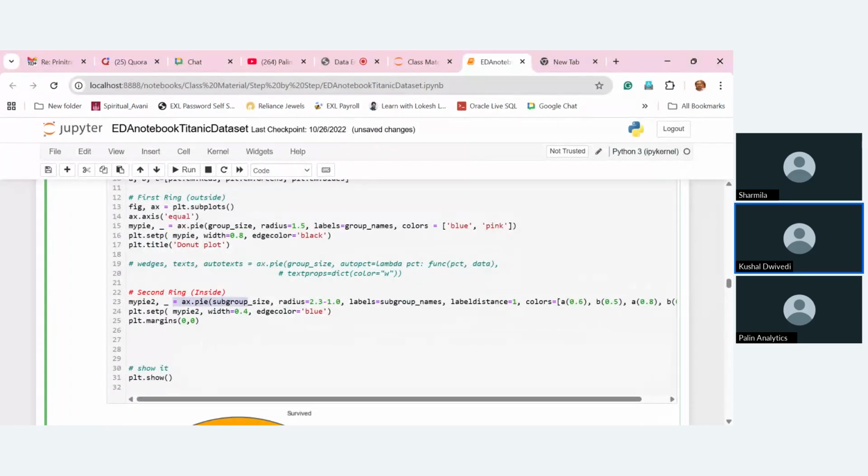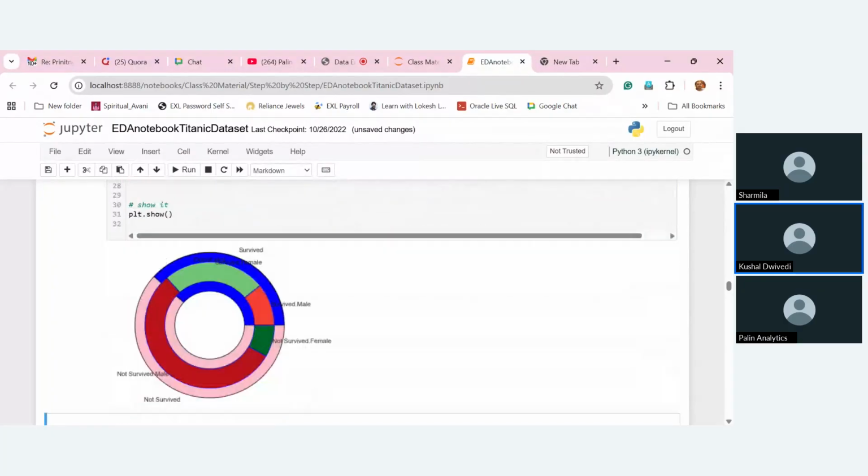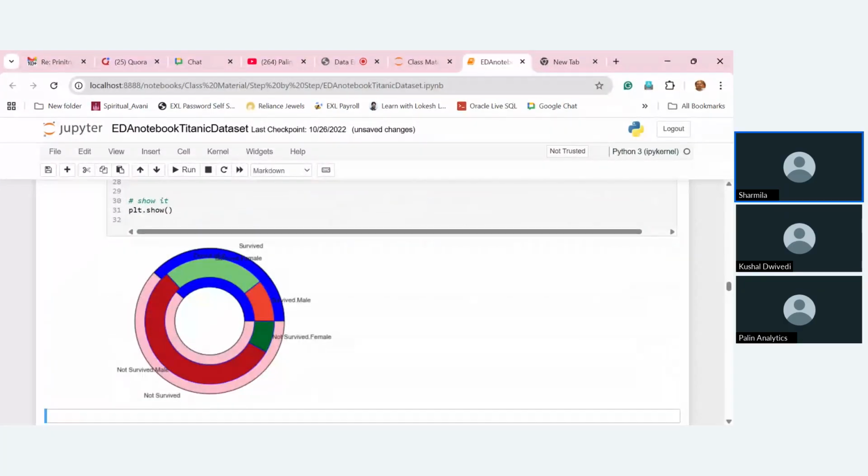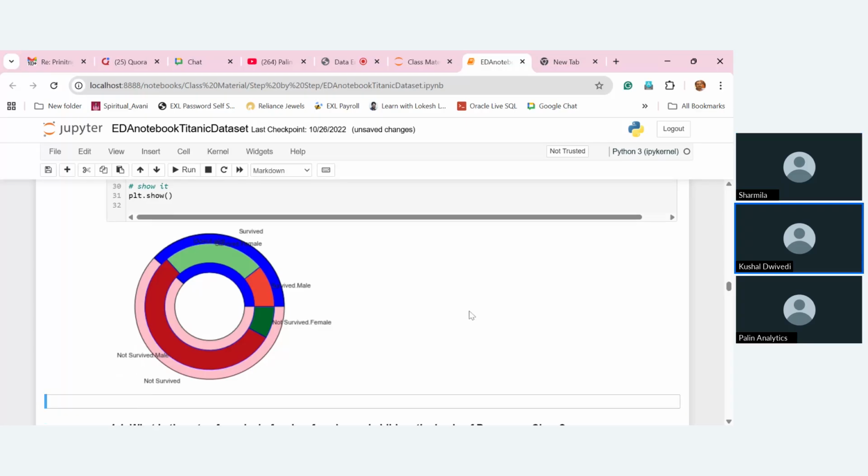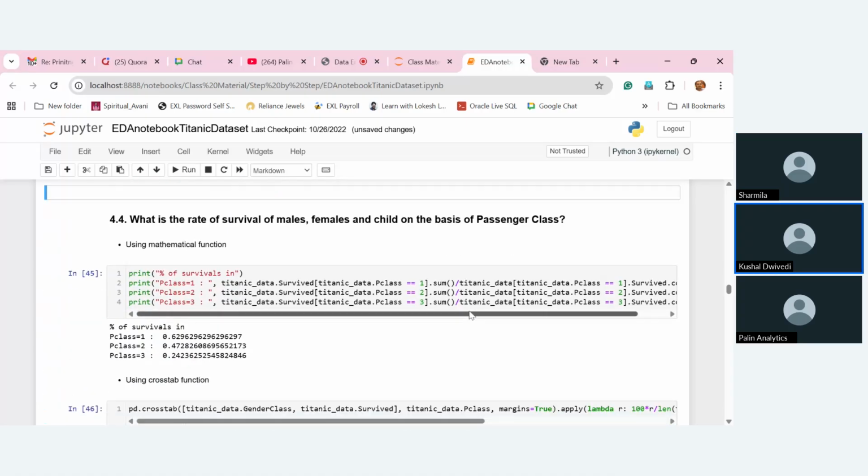Then for the inside ring we are also taking different color combinations, and we are just executing this. You can see here, like this you can configure your donut chart.